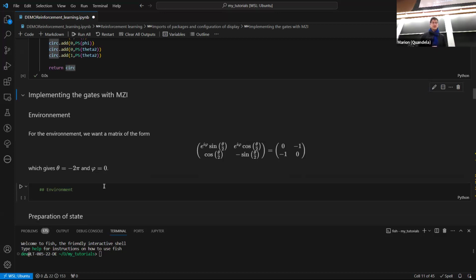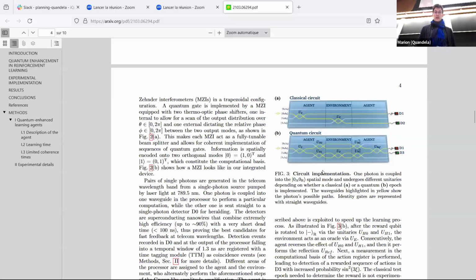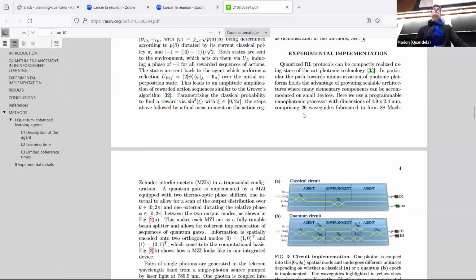Okay, and then if you look at the paper, what they have is different types of unitaries that they will use throughout the transformations. So you have the state preparation, UP, which is just going to produce a superposition of the actions that the agent can choose.